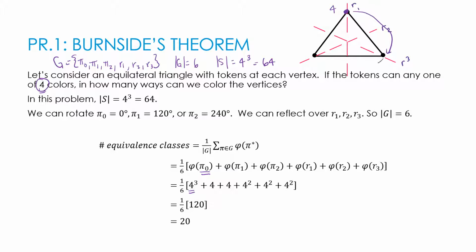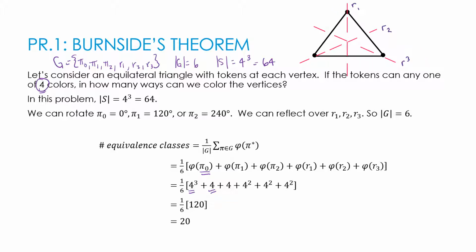This has to be the same color, this has to be the same color, so it's really just 4 different colors. If I look at 240 degrees, that means this guy's going all the way here, so this guy can be 4 colors, but then again this has to be whatever I chose before. This is going to go all the way over here, so I really only have 1 color here, and this is going back here, so I just have 4 times 1 times 1, which is 4.